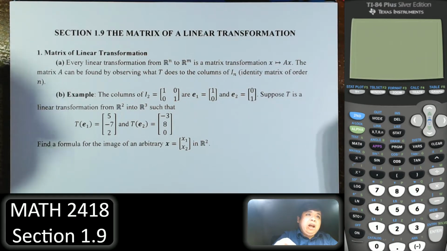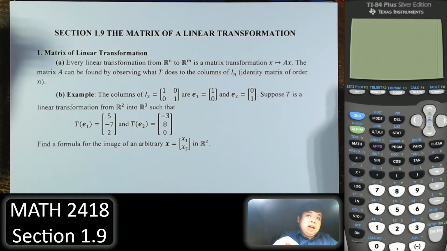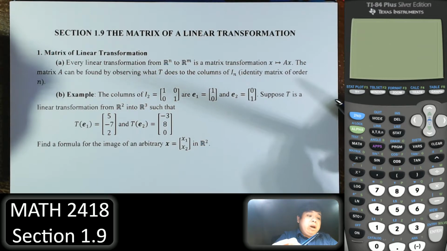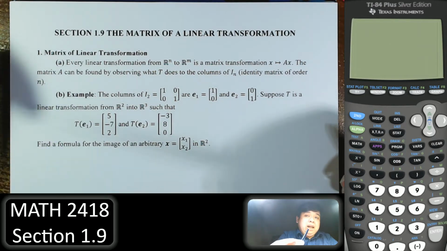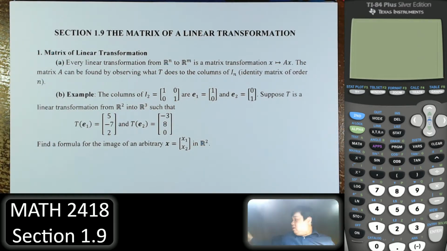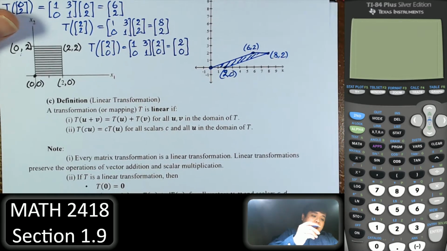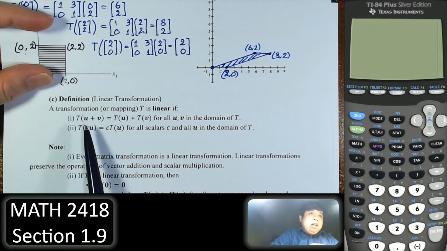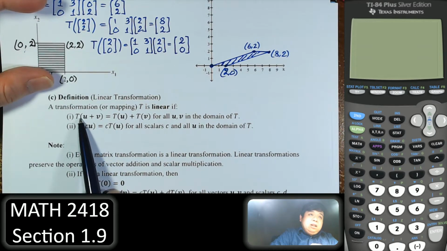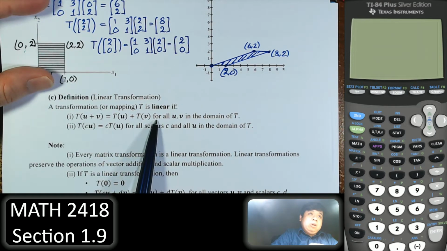So what we learned from the previous section is that every linear transformation can be represented as a matrix times the vector. And we define a linear transformation as a transformation that has these properties.